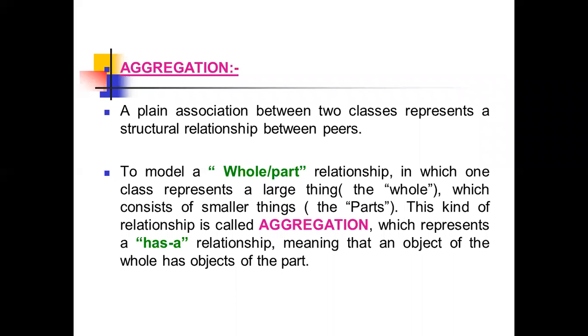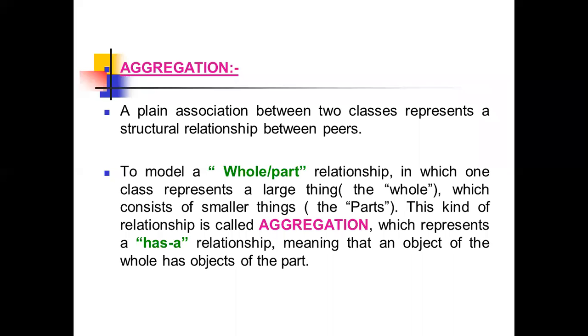Aggregation has two classes: one for the whole, a large thing, and another consisting of smaller things, the parts. For example, car is one class and wheels are another class. The car is the larger thing, the whole, and the wheels are the smaller things, the parts.